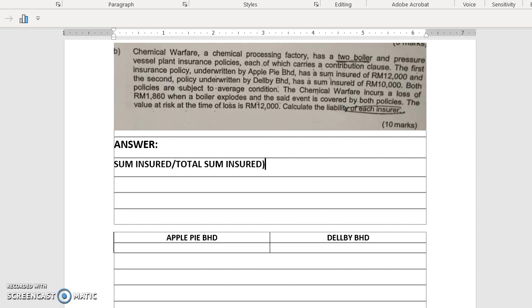Because the customer has 2 insurance policies covered, that's why you have to use this formula, sum insured divided by total sum insured.